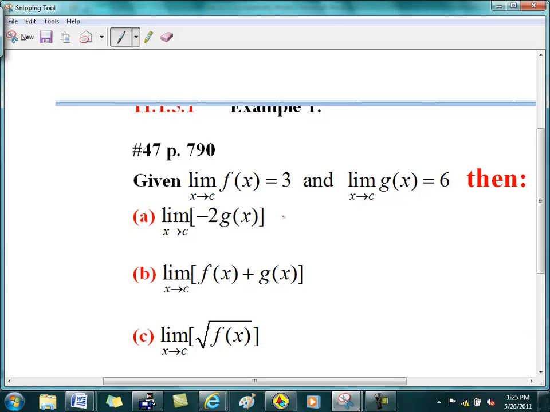Anybody want to give me an answer for this one? Anybody awake? And the answer is... Negative what?